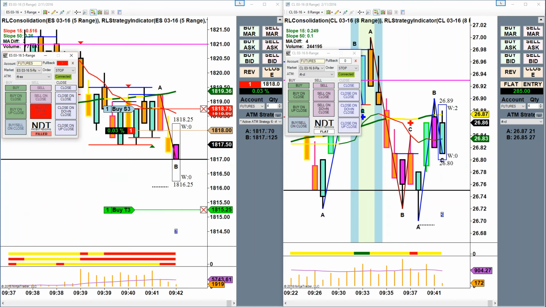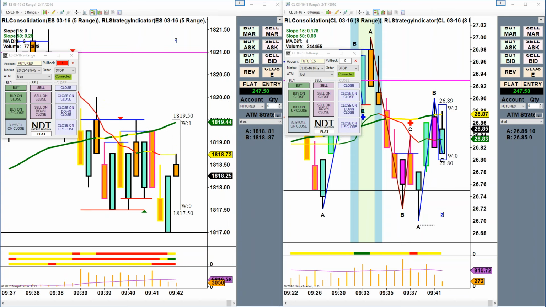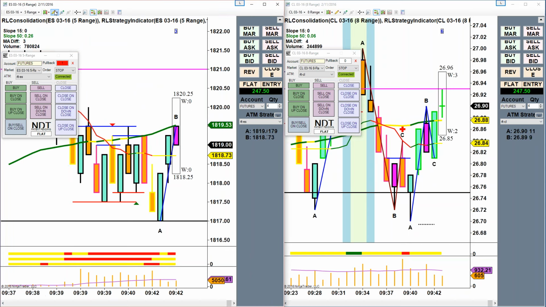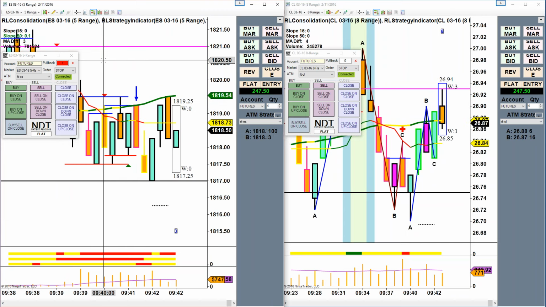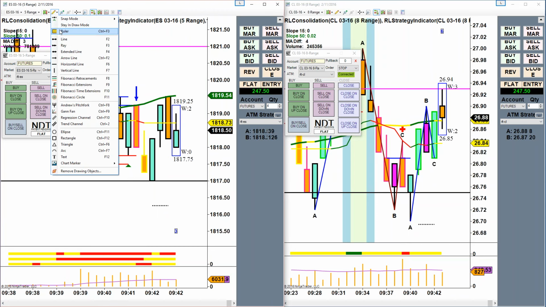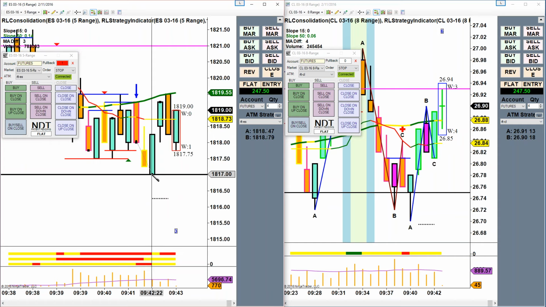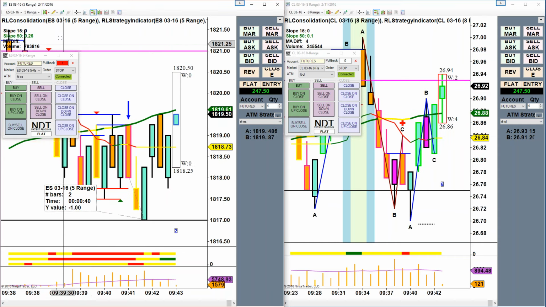Second target's out. We just had enough room to get a point before it hit the point of control.